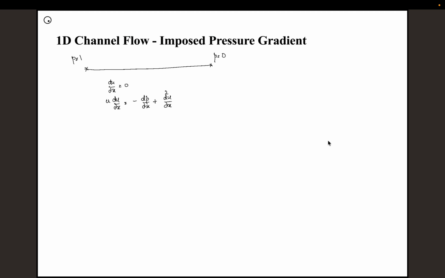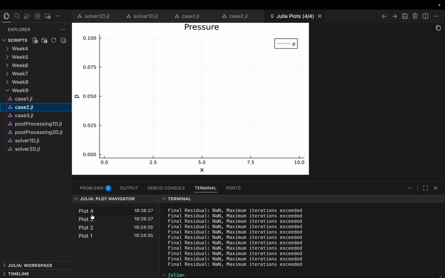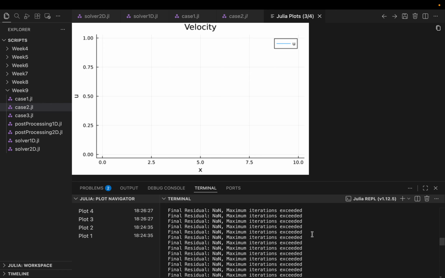I'm taking mu equal to 1 and so on. Mu equal to 1 is very high for this particular problem. So what would we expect with these boundary conditions and u equal to 0 at left and right? Yeah, you can see the problem here. It did not converge. So what can we do now?